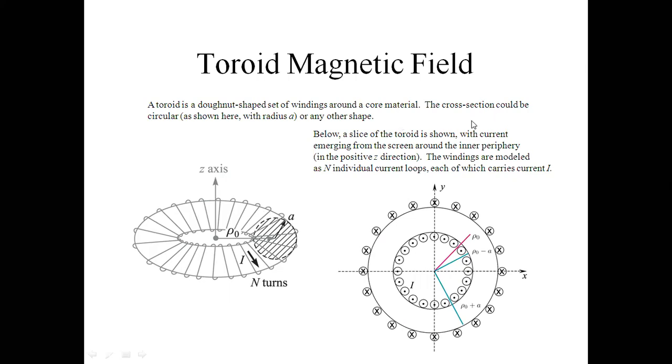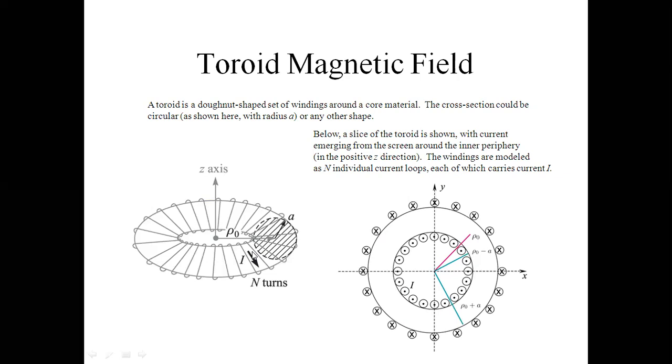The cross section could be circular or any other shape. If you see very carefully, there is an inner core, and from this core to the outer core the wires are wound like this, and current I is flowing through this winding. There is a difference between the solenoid and the toroid.